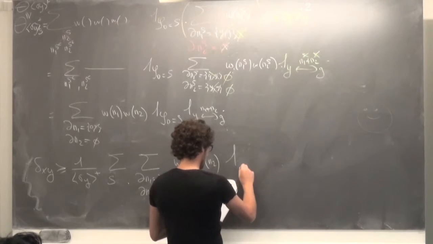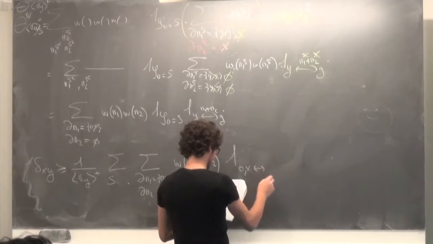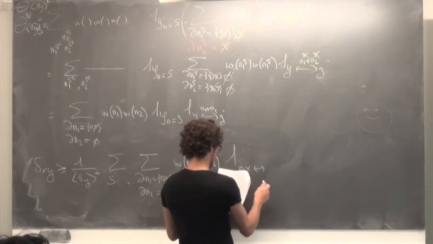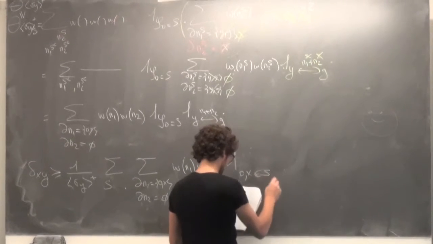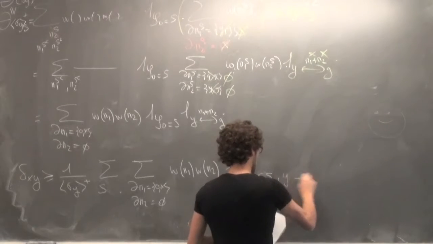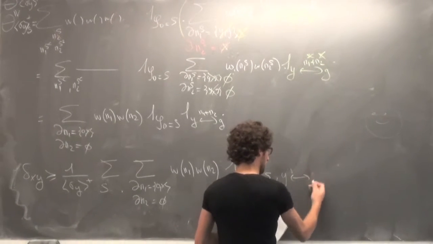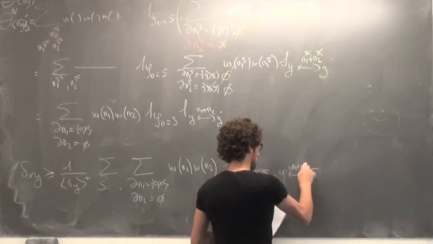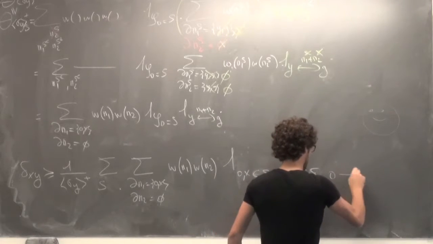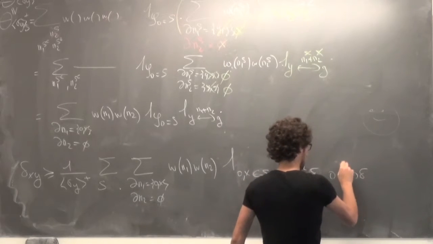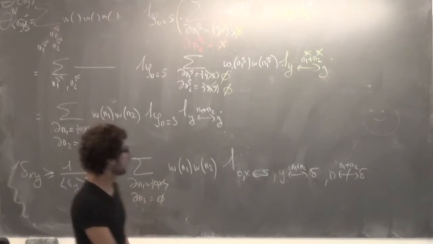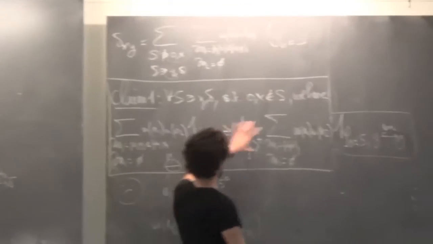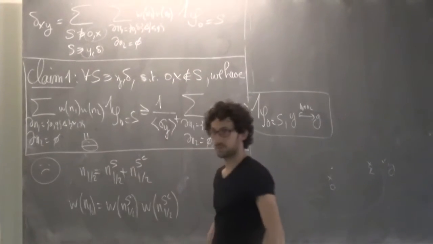So I'm going to say 0 and x belong to S, y is connected to G, to delta in N1 plus N2, and 0 is not connected to delta in N1 plus N2. So this is just what you get when you replace this thing by this thing.